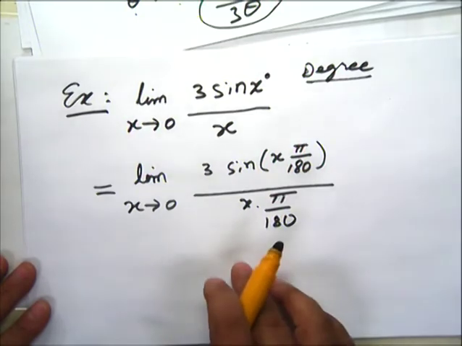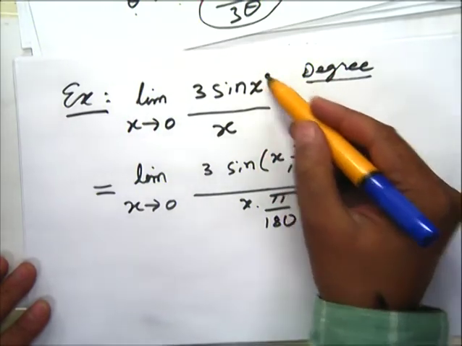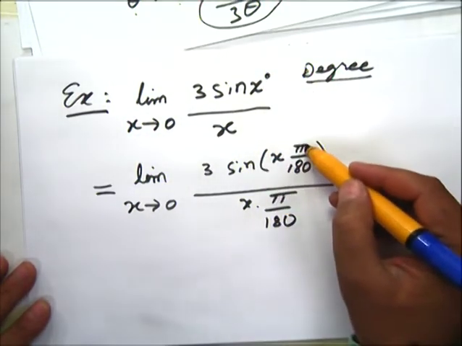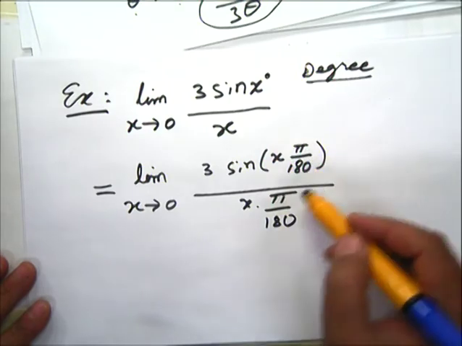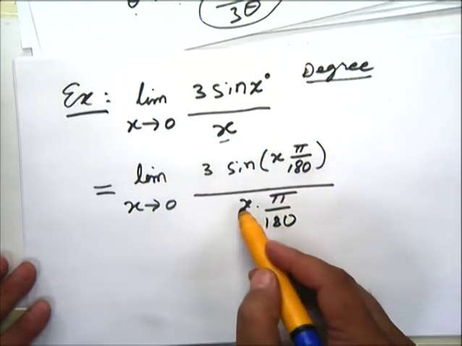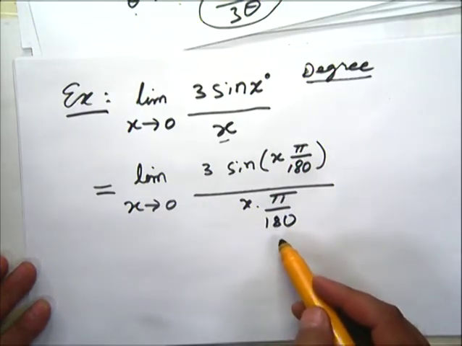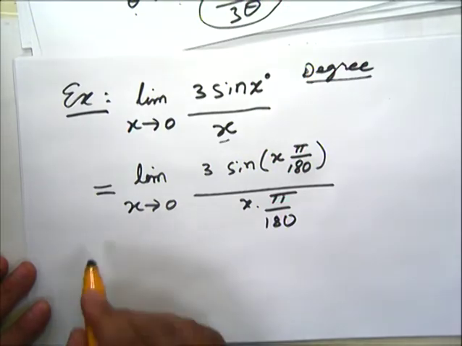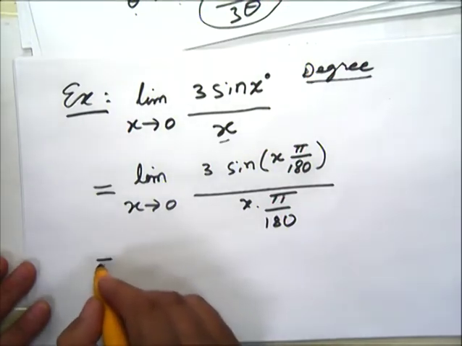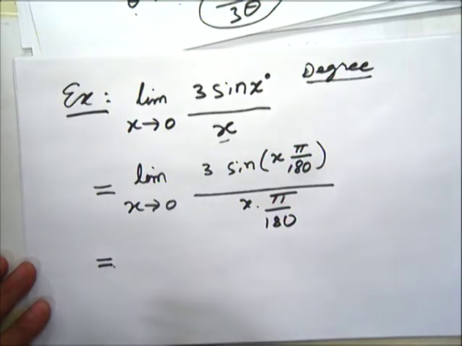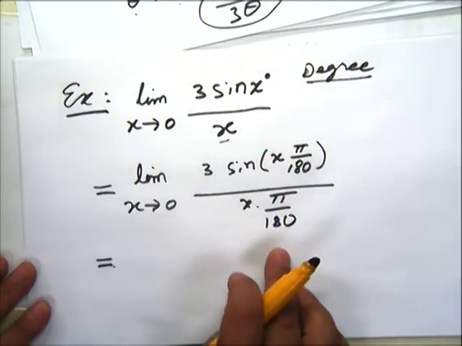So we have converted this degree into radian, x into pi upon 180, and here again x is x into pi upon 180. So what is the important thing now?